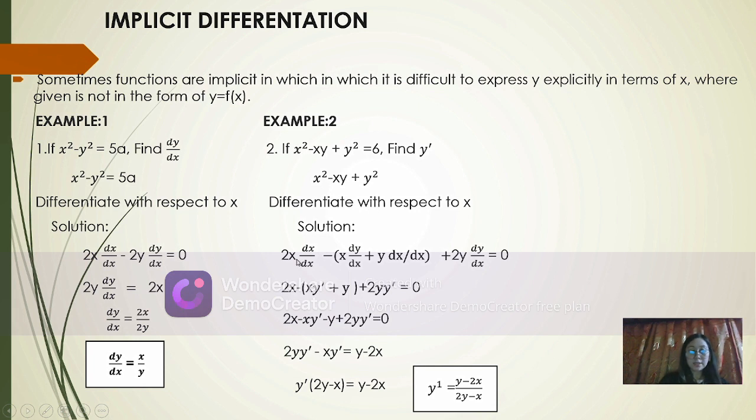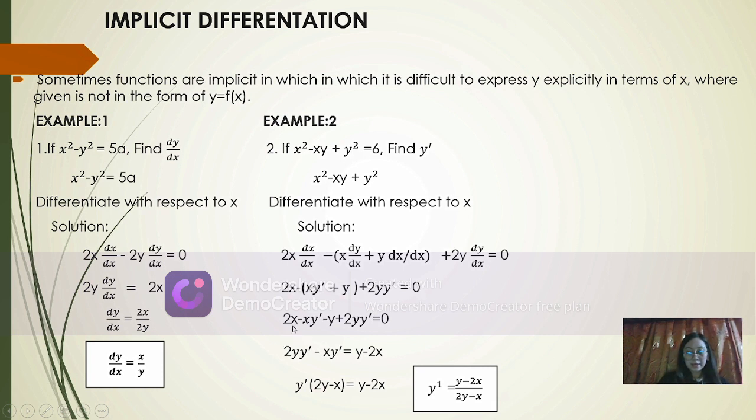Solution natin is 2x dx over dx minus x dy over dx plus y dx over dx plus 2y dy over dx and equals to 0. 2x minus xy prime plus y plus 2y y prime is equal to 0.